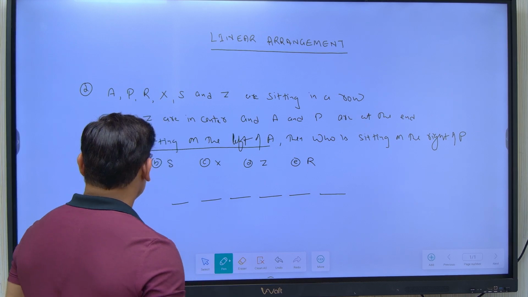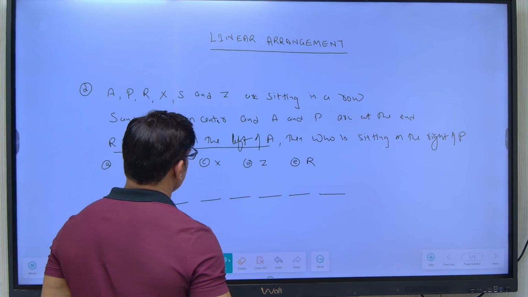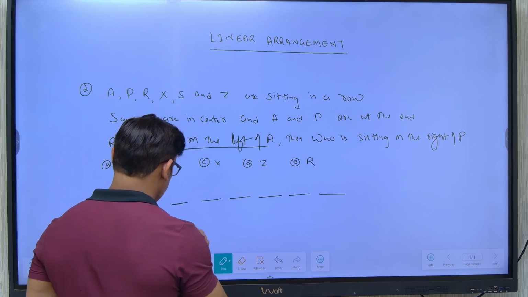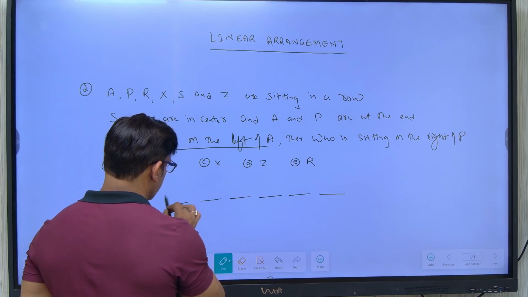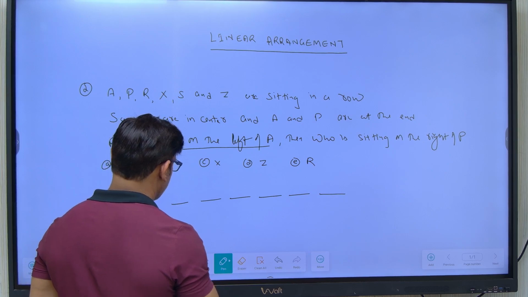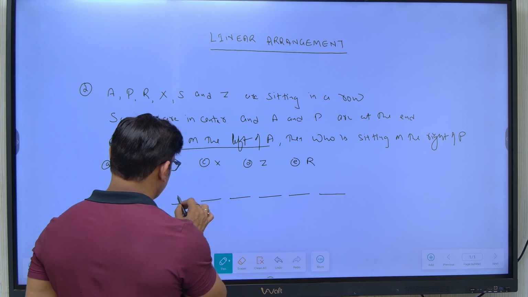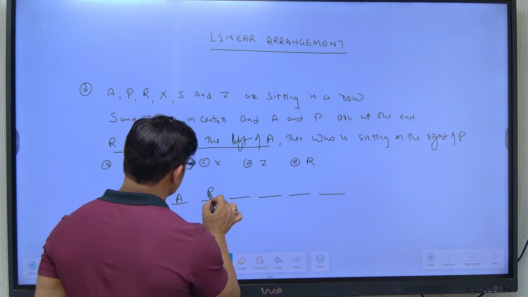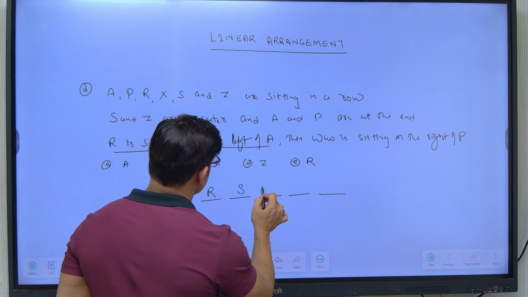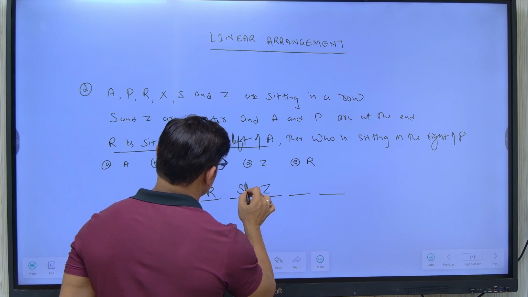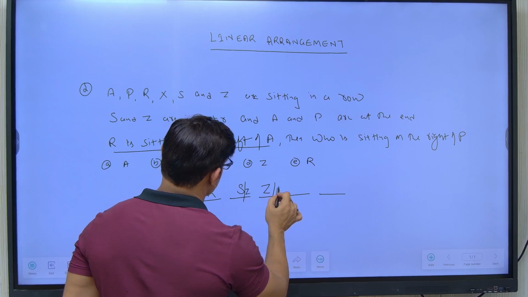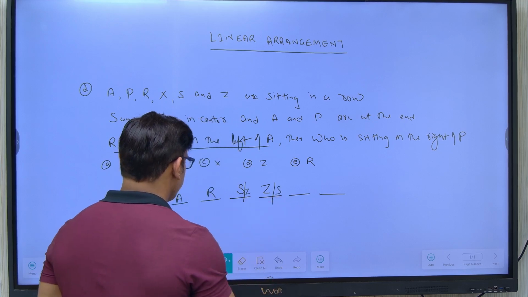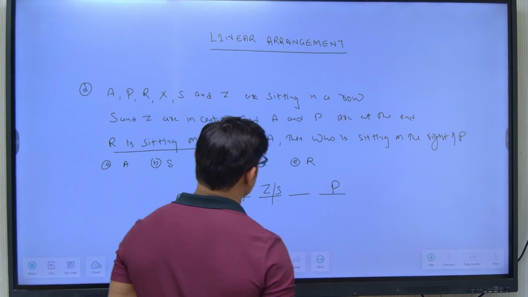And then it is given that R is sitting on the left of A. If they are facing here, if I put A here, so left of A is R. So there is a possibility R because S and Z are here or Z and S are here. So these two, we don't know. Then if A is here and then P is sitting at the end, right?